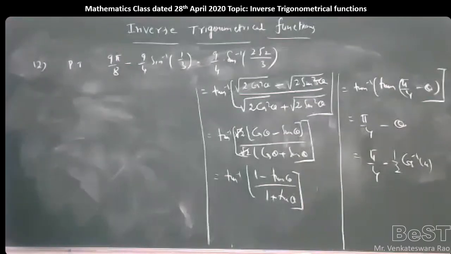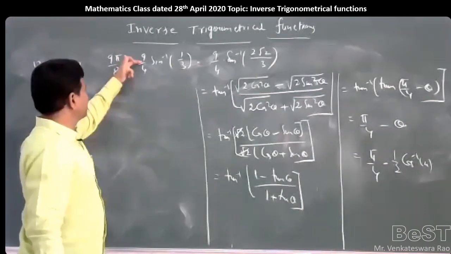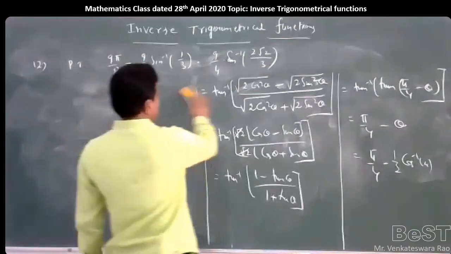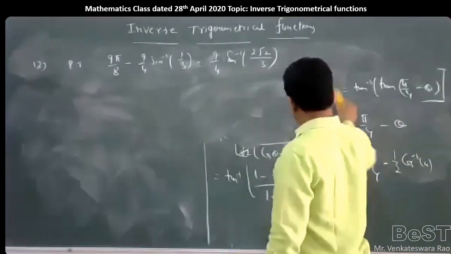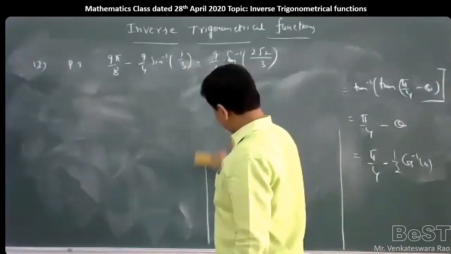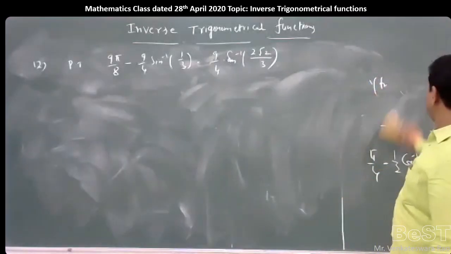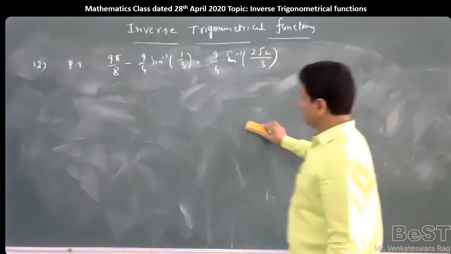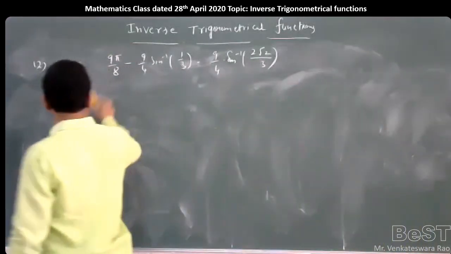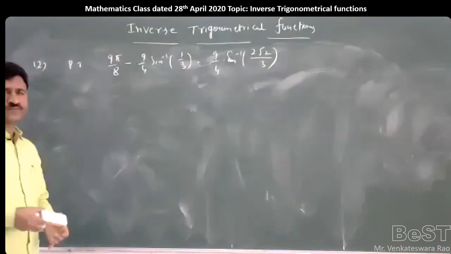So listen, prove that 9 pi by 8 minus 9 by 4 sin inverse of 1 by 3 is equal to 9 by 4 sin inverse of 2 root 2 by 3.